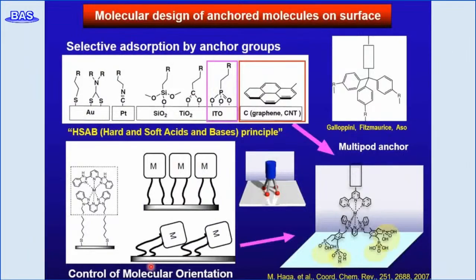Now, when molecules are immobilized on the electrode surface, it is important to select functional groups that allow the molecules to bind to the electrode. The electrode materials and organic functional groups are listed here. Various combinations are possible. For example, thiol group immobilizes strongly to the gold surface.